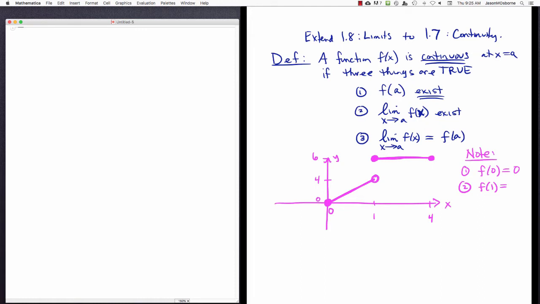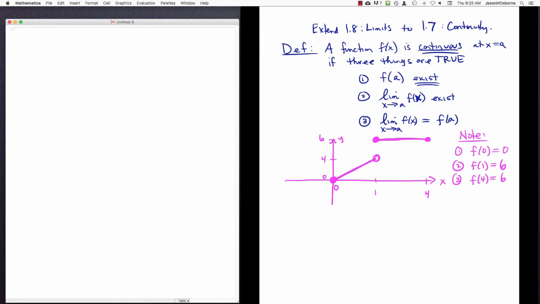But there's an open circle here at 4, so when x is 1, its value is not 4. The closed circle is at the y value of 6. And third, the function value at 4 is equal to 6 also. So we're just testing out some of our function values, just to see if we're recognizing this graph.